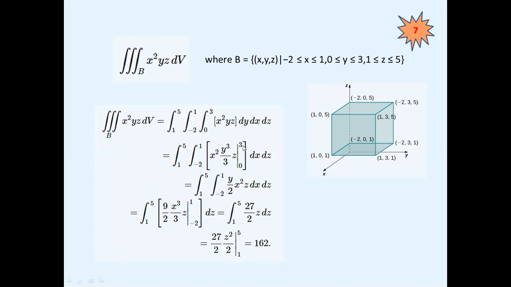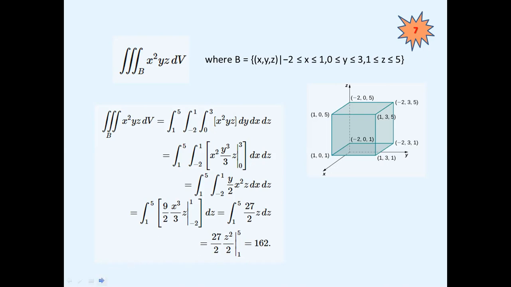And then you integrate in terms of x, so that would be x cubed over 3z. Then for the z, that would be z squared over 2. The answer is 162.